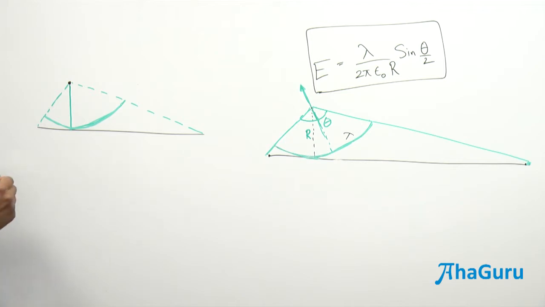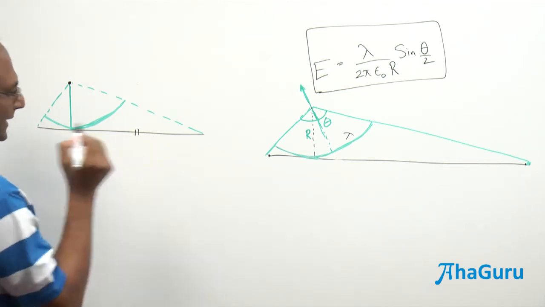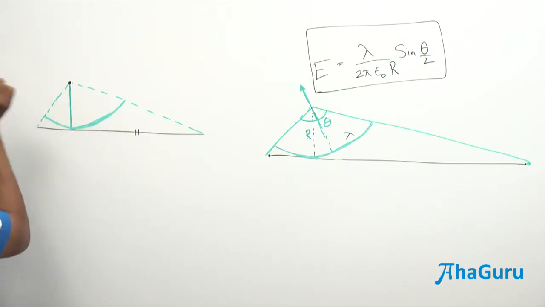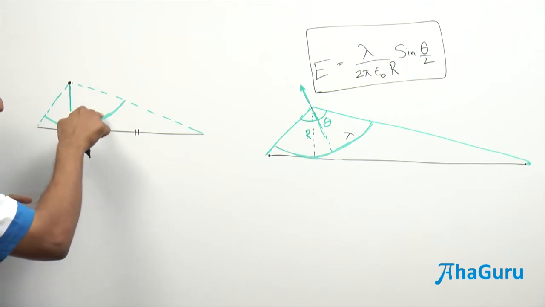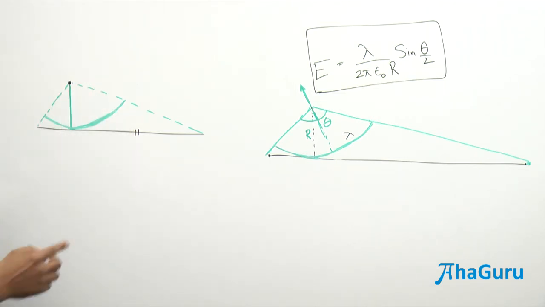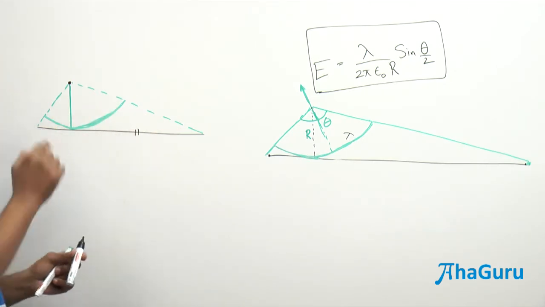What I'm going to do is show you that if I took some random element here, the field because of this element is the same as the field of the corresponding element here. And if I show that, then if I add up every single field for this and for this, you will see that it is the same.